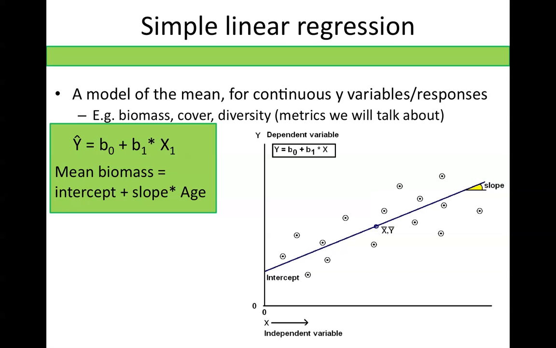So in class we talked about simple linear regression. We talked about the slope of a line, y equals ax plus b, where b is the intercept and a is the slope of the line.